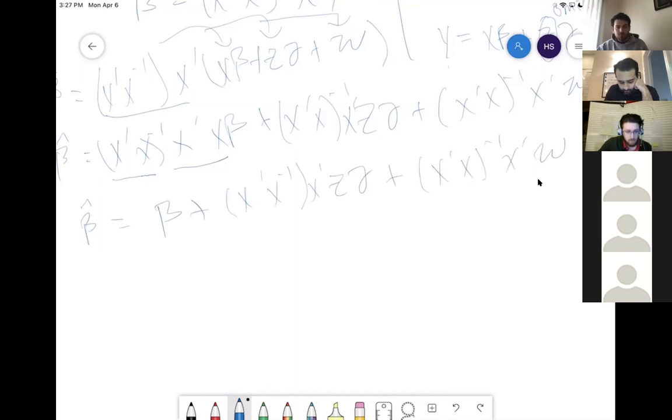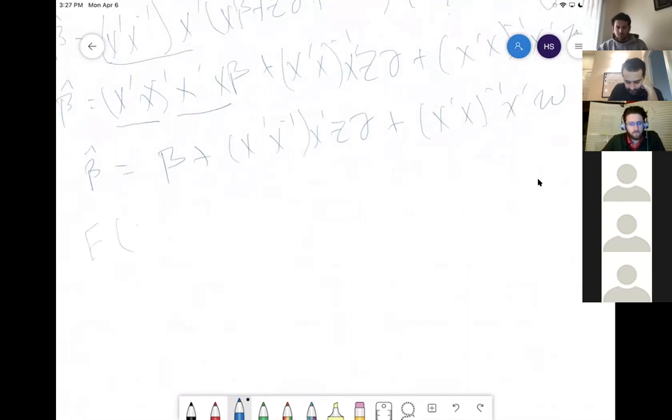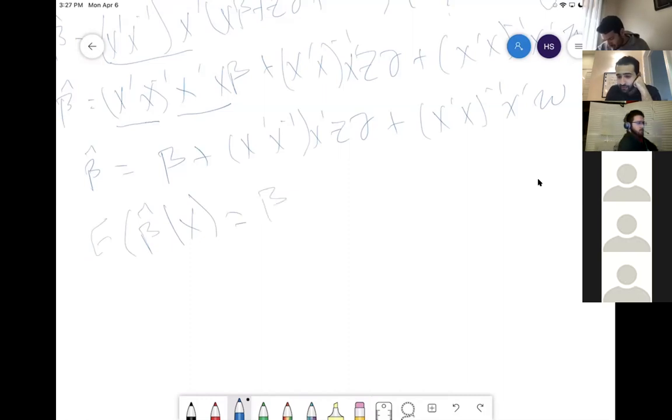Now, if we condition beta hat on the sample we observe, on the X data we actually observe, we can take the expectation of beta hat conditional on X. That's going to be beta. Beta is the population parameter. It's itself. It's a constant. It's a number. This term, (X prime X) inverse, is basically just a number too.